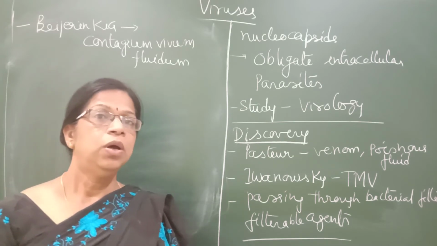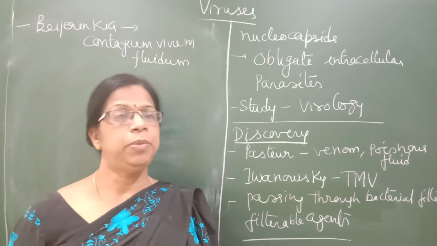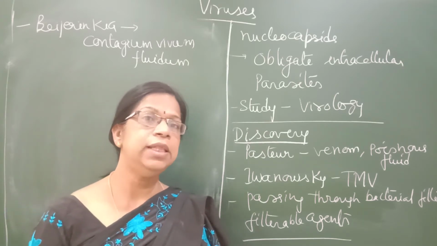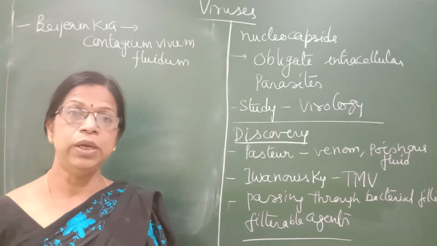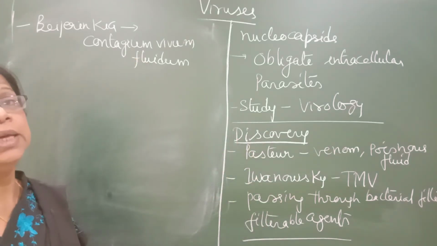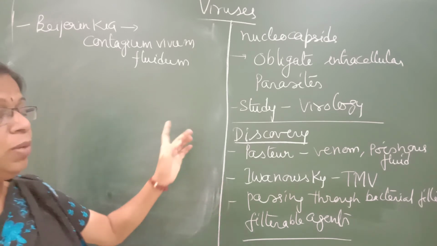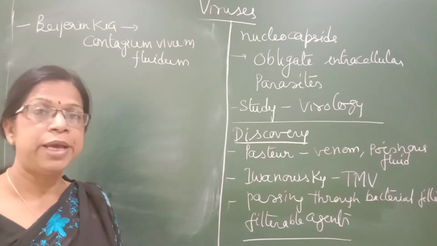He applied the extract from the diseased plant to a healthy plant, and he found that it caused disease in healthy plants also. Thus he thought they are a living infectious fluid and called them, in Latin, contagium vivum fluidum. Filterable agents was the term by Ivanovsky, contagium vivum fluidum by Beijerinck.